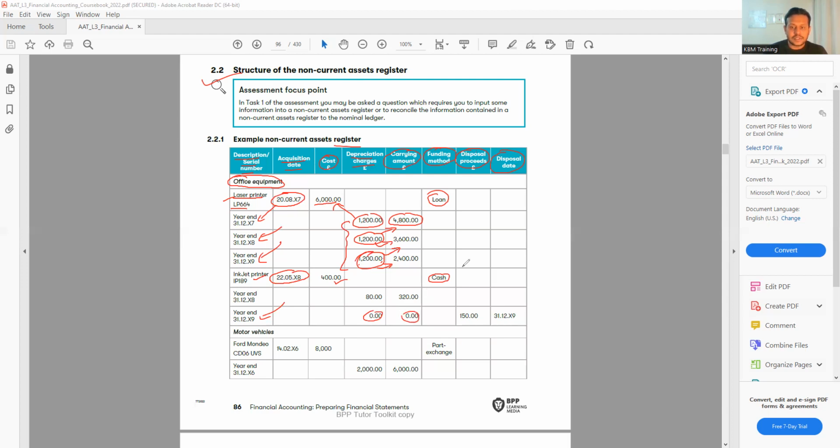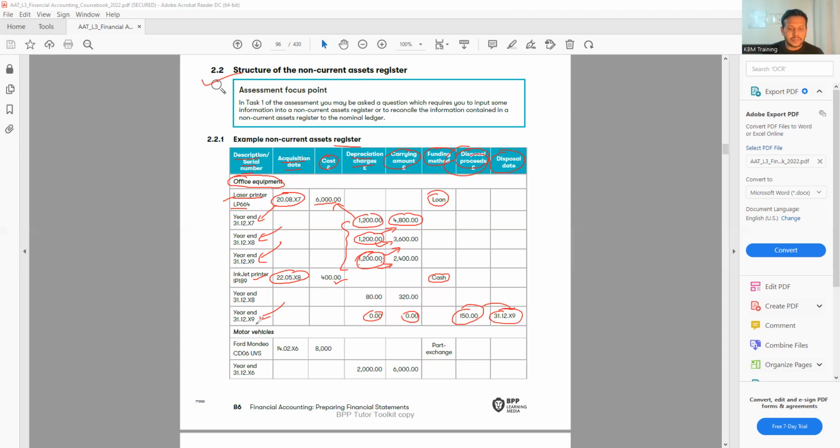You can see on the disposal, we sold it for £150, and we sold on 31st of December. The reason there is no depreciation is that we sold the asset. The question will tell us whether we are going to charge any depreciation in the year of disposal or not, so we need to be very careful of that.